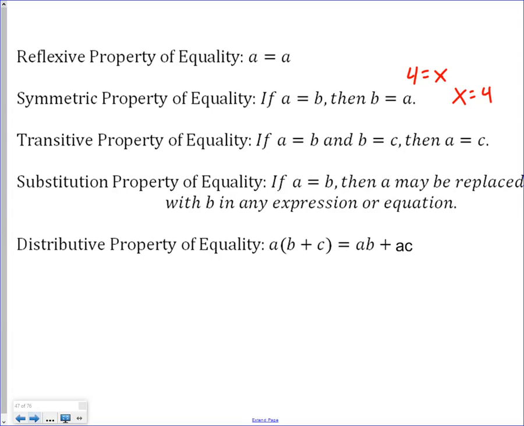So B is definitely equal to itself. All it's saying here is that if something is equal to something else, and that something else is equal to something else, then the first and the last thing have to be equal to each other, whatever they are.